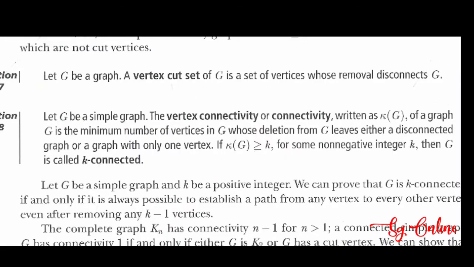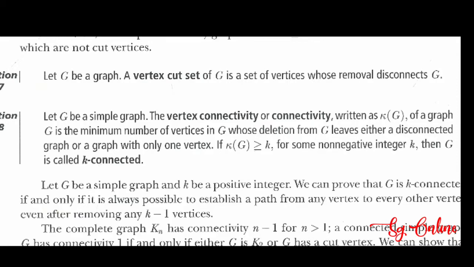Now the concept of a cut vertex can be generalized to a set of vertices as a vertex cut set. That is, if deletion of this set of vertices disconnects a connected graph or makes the number of components higher, then we say that this is a cut set of vertices.